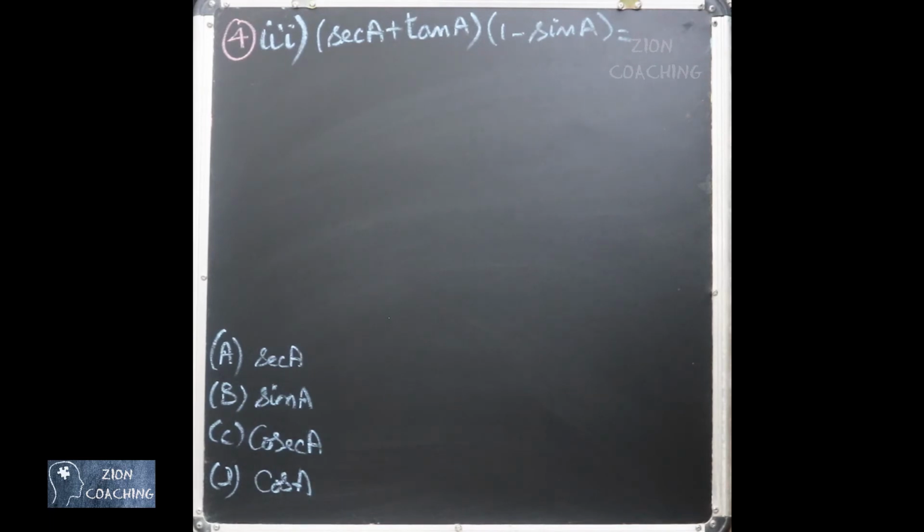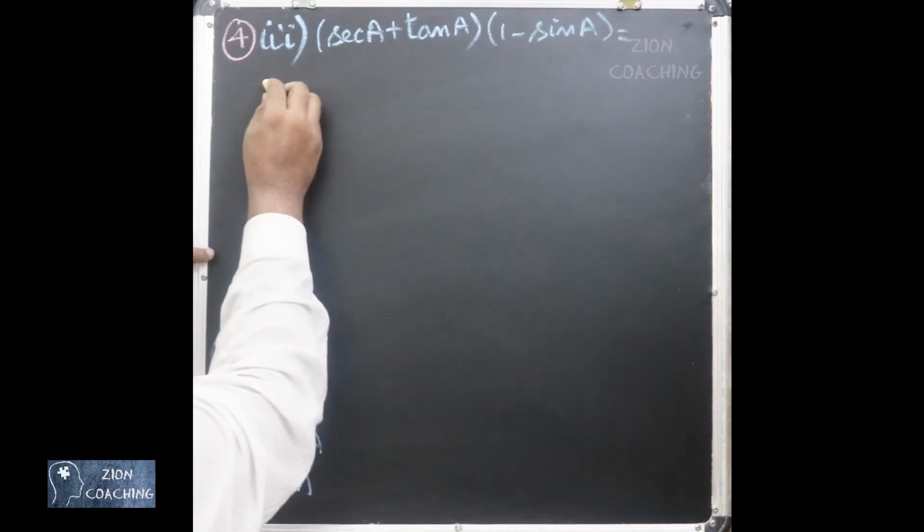Third subdivision, we have secant A plus tan A into 1 minus sin A equal to. Now we are going to substitute the values.